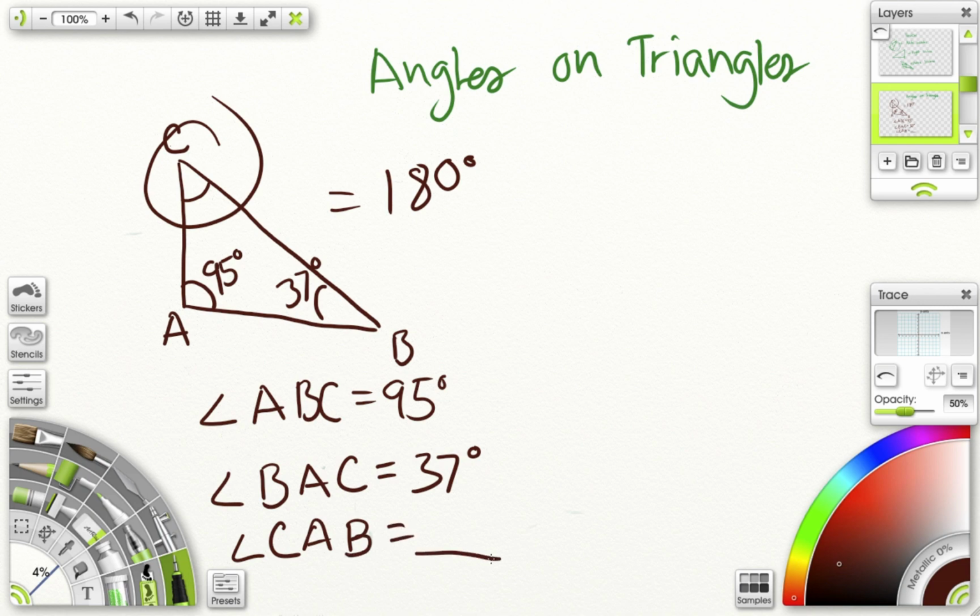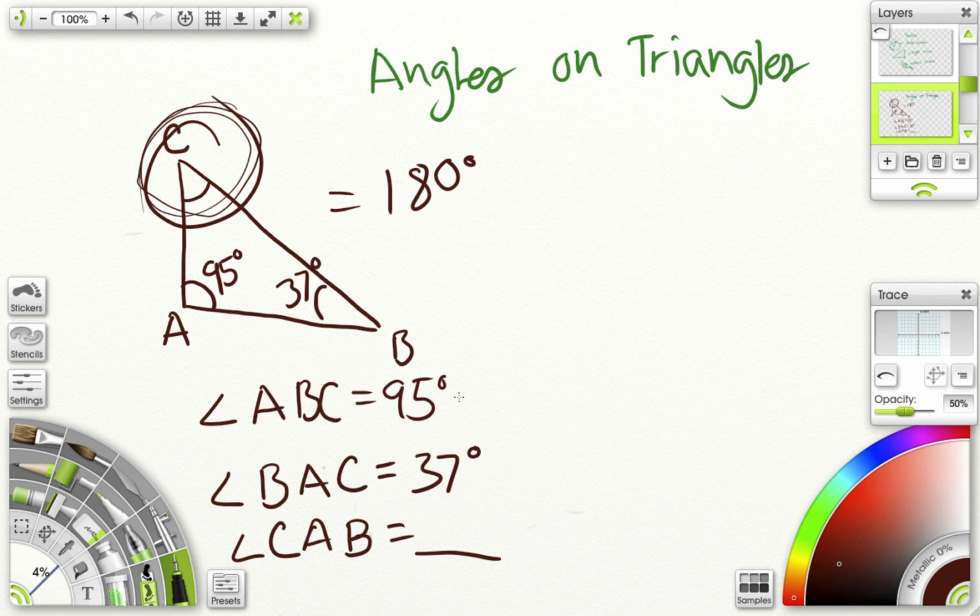Don't worry too much about the labeling of the different types of angles. Right now I want you guys to get the math and the idea behind it first and foremost. There is part of the worksheet that I'm going to give you today that does ask you to label it. Basically, whatever angle you are missing, or whatever angle you are labeling, make sure that that corner is your first letter.